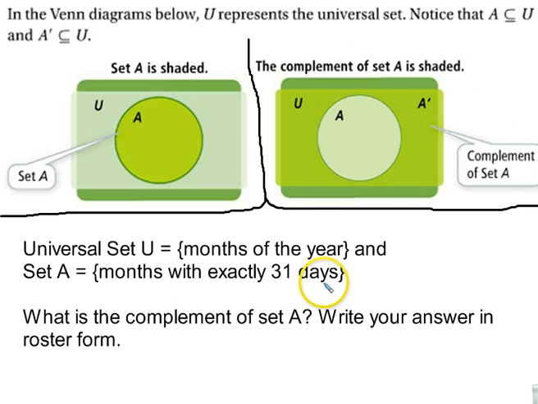Okay, so the complement would be all of the months that do not have 31 days. So if the universal set is the months of the year, January through December, and set A is the months that have exactly 31 days, then the complement would be the months that do not have 31 days.